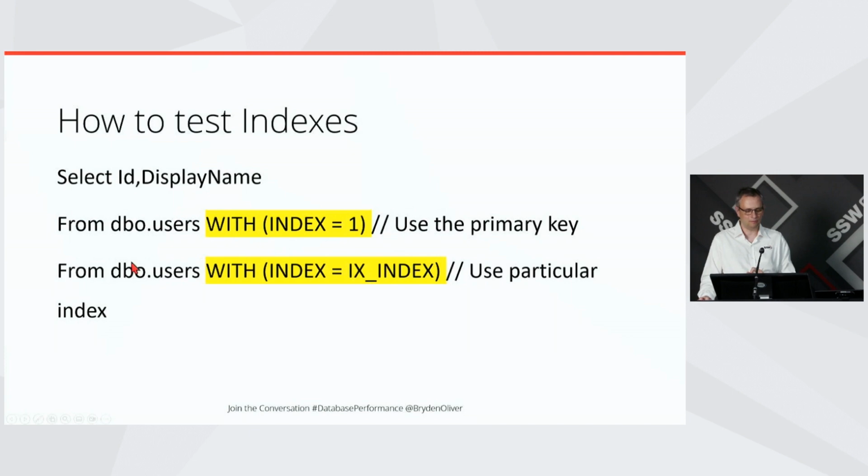Use the primary one. Or this second case says use the index named ix_index. So that's use a particular index. And that's super useful when we come to test stuff, because if we've created a whole bunch of indexes, we can test which one of those index candidates is the best.